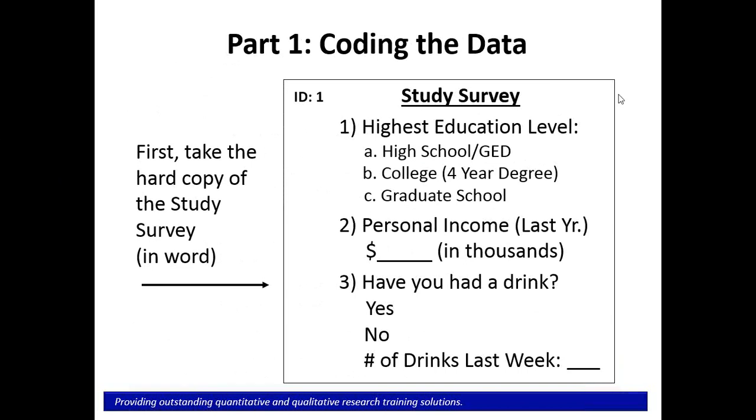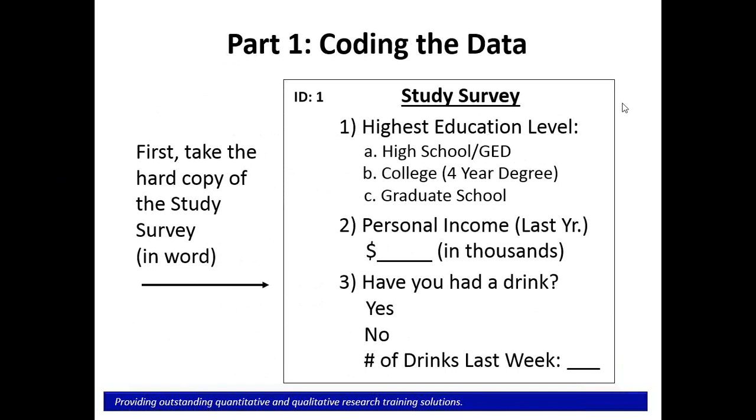And this one is number 1 because it's our first study participant. Now you'll notice this study survey is just a small truncated version of our entire study survey because it's just for teaching purposes. If you can code a few variables, you can pretty much code the whole survey. So we're just going to take a few for an example.